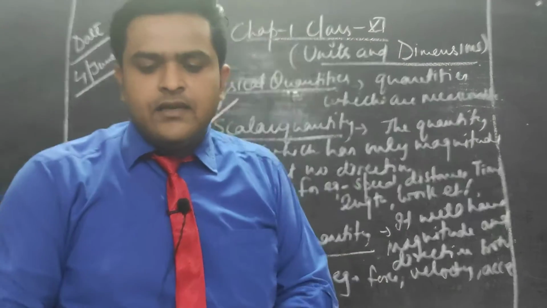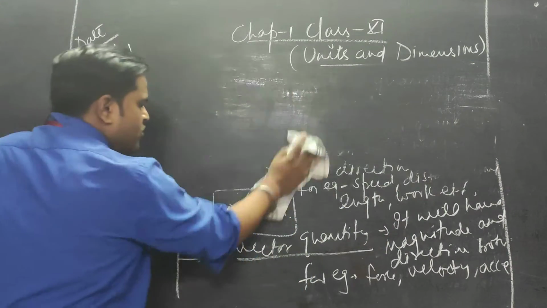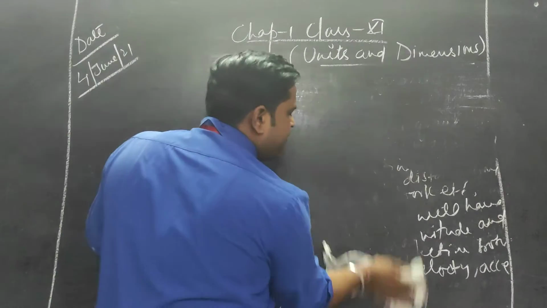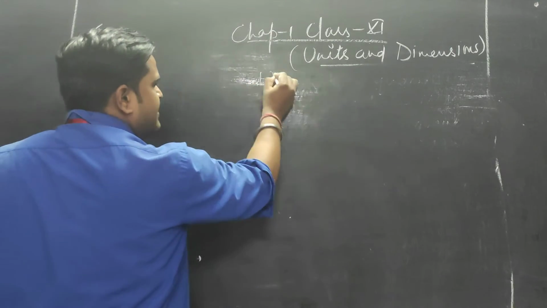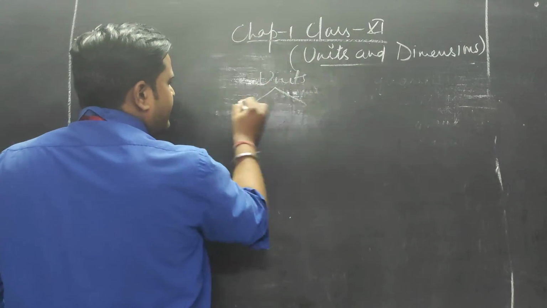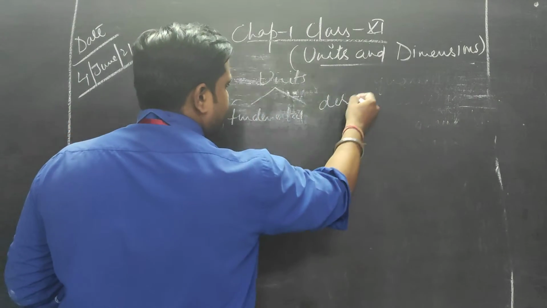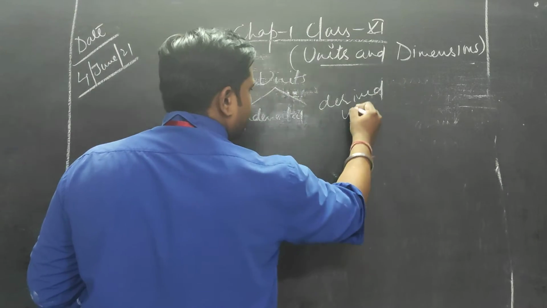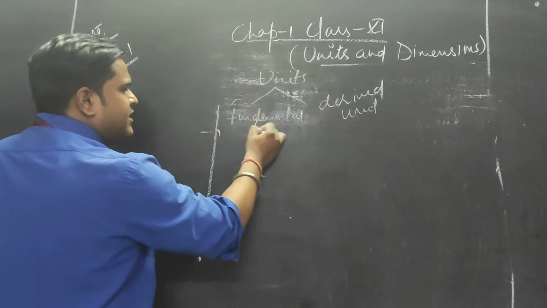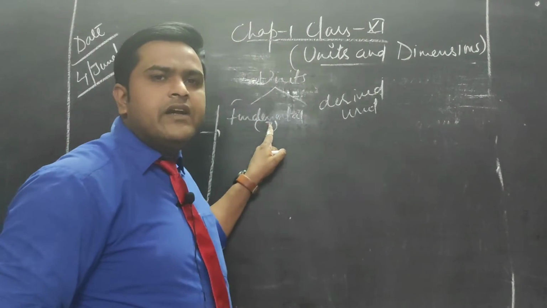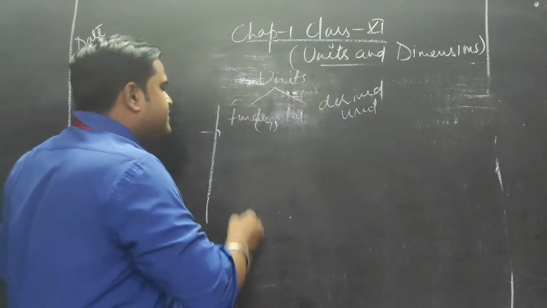Now we will discuss units, as our first topic is units. In this part we will study fundamental units and derived units. We will classify them into fundamental and derived units. In fundamental units we'll start with mass. There are 7 fundamental units and they are universally accepted, that is, all over the world they are the same.